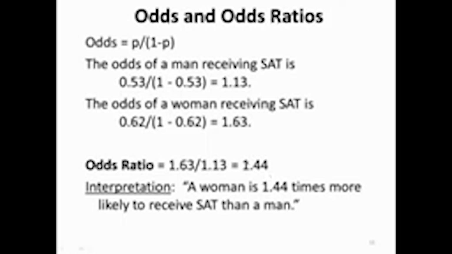Let us look at the concept. The odds ratio OR is P1 divided by 1 minus P1, divided by P2 divided by 1 minus P2. So P1 multiplied by 1 minus P2, divided by P2 multiplied by 1 minus P1. If OR is greater than 1, there is increased risk in group 1 when compared to group 2.